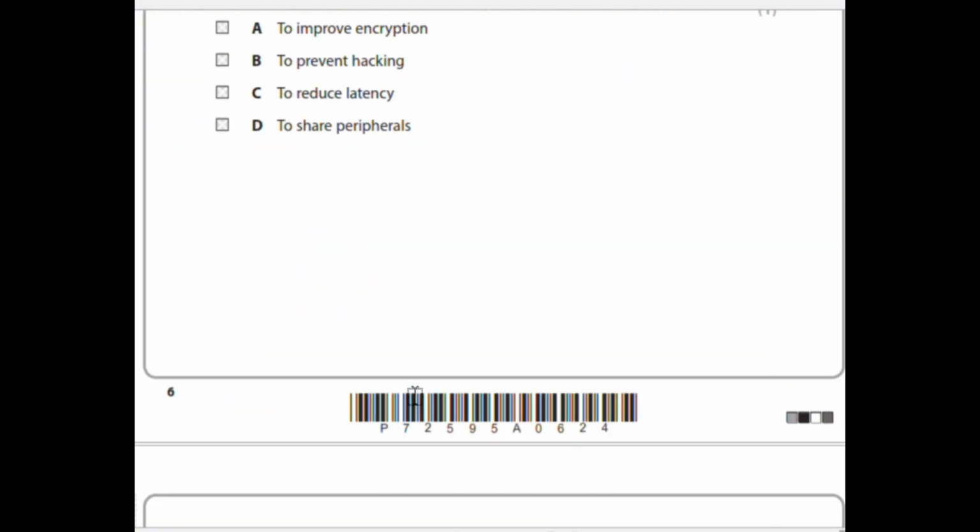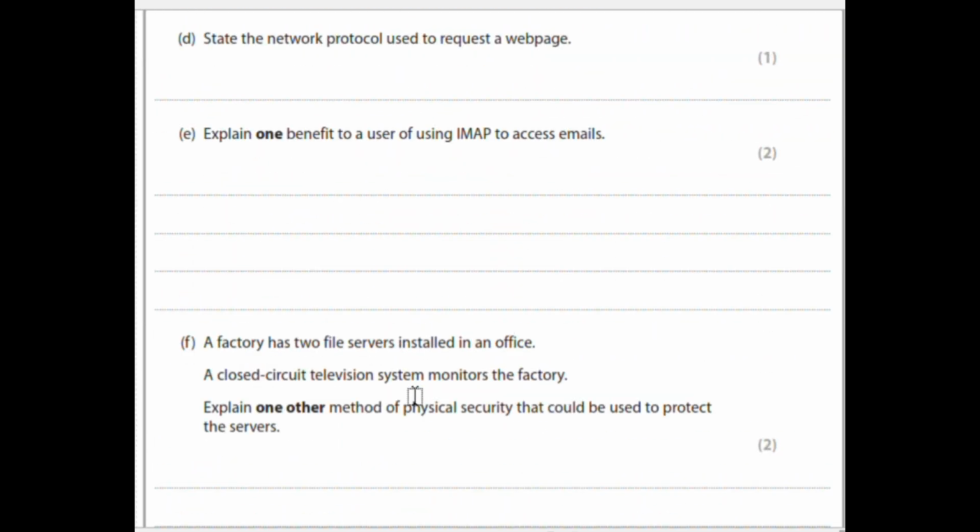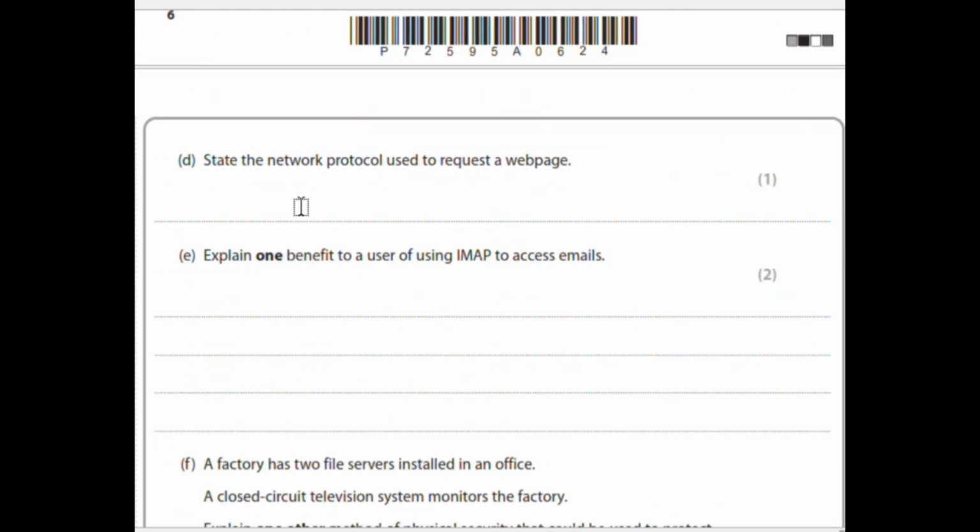For example, when you are on a network, you now need to secure your files by encrypting. You can also encrypt to ensure that there is no hacking. And latency is just about reducing latency, like increasing the speed, so that if it was slow, it is now faster. So these are issues that arise from using the network, and you can enhance them. So the correct answer was D.